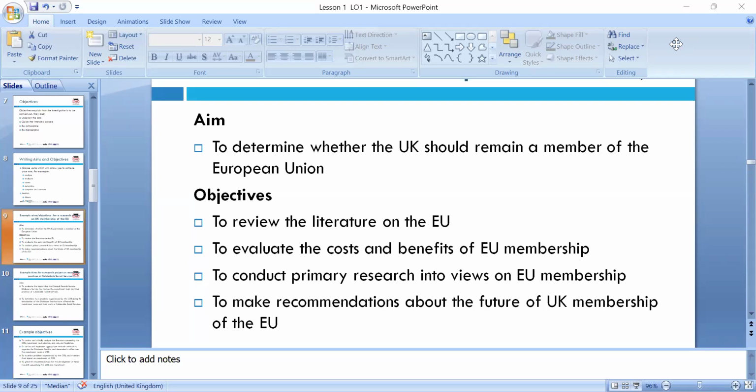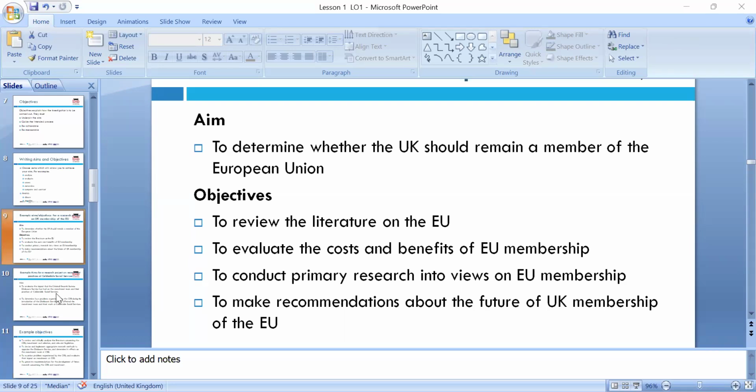Objectives can be to review the literature on the EU, to evaluate the cost and benefit of membership, to conduct primary research into views on EU membership, maybe asking people, using a sample size, which we'll go through in chapter 3 of this research in lesson 3, and to make recommendations about the future UK membership of the EU. So the aim is what you do, and objectives are what you will achieve through this research.